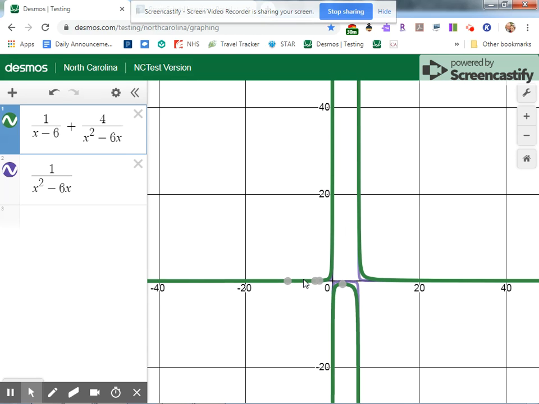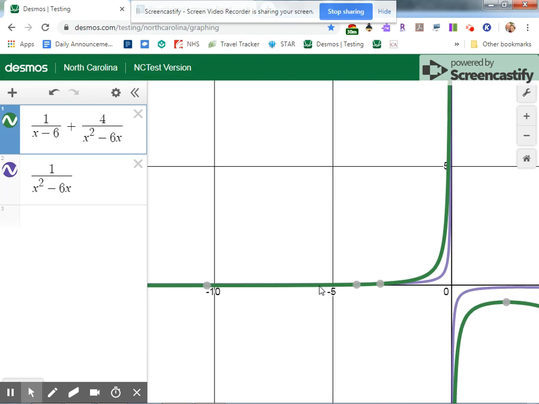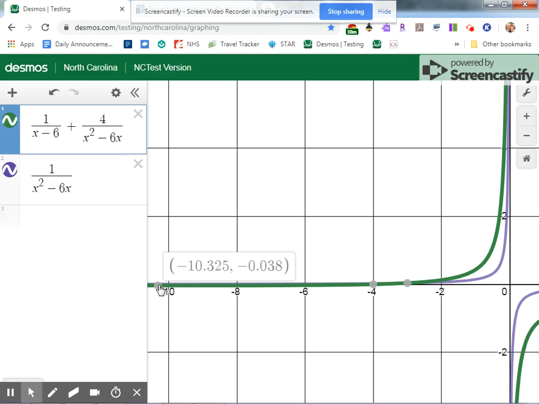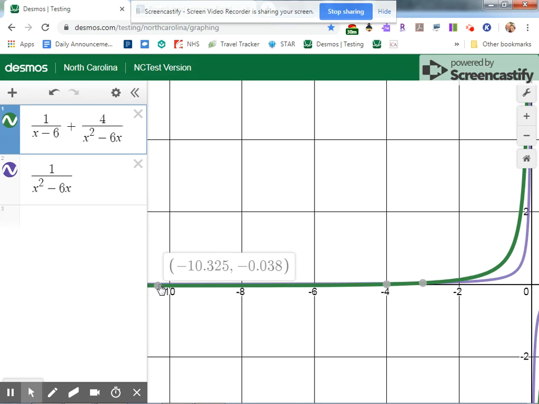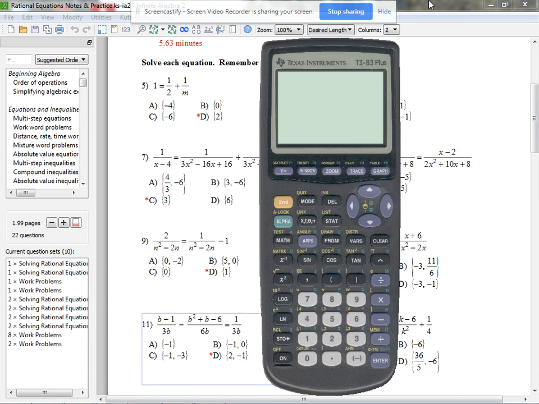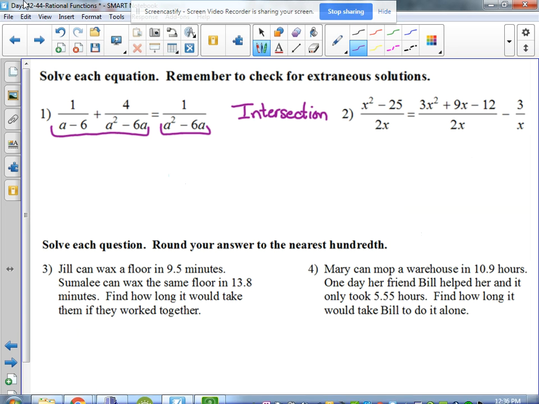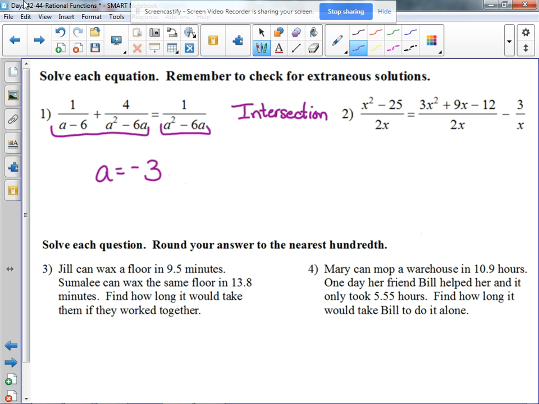They're just gray points over here, and again, I can zoom in to see what they are. That's not an intersection point. That's an x-intercept. That is an intersection point. So -3 is our only solution for number 1. A equals -3.